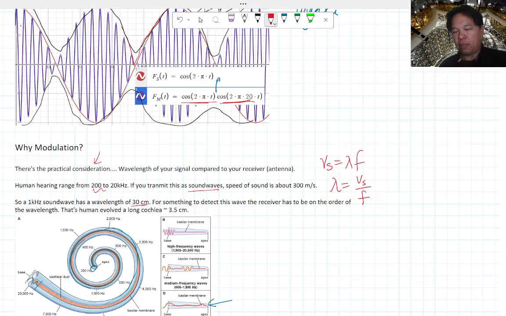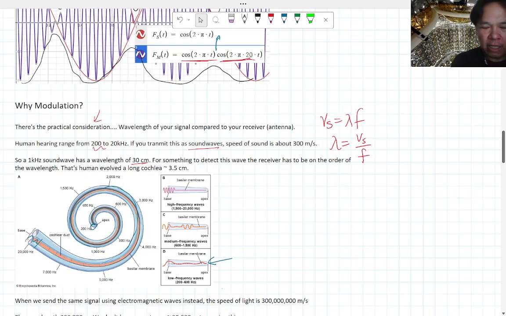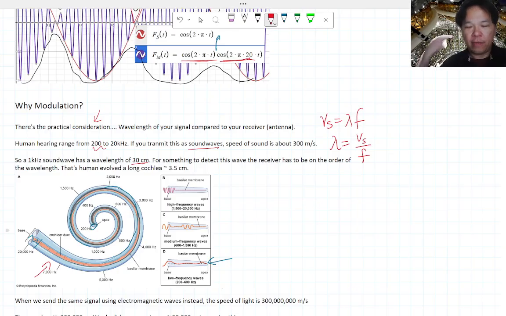Typically it can be maybe a factor of 10 smaller, but you don't want it to be too small, because the wave will basically just pass through that object as opposed to interacting with it. And that's why humans evolved this thing called a cochlea. It's actually inside my ear, well, both my ears. And it's evolved to be this long duct, several centimeters long, in order for us to actually hear lower frequency sound.